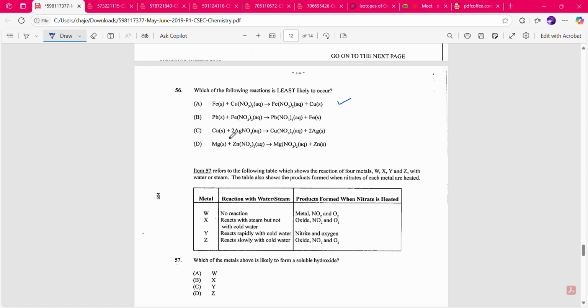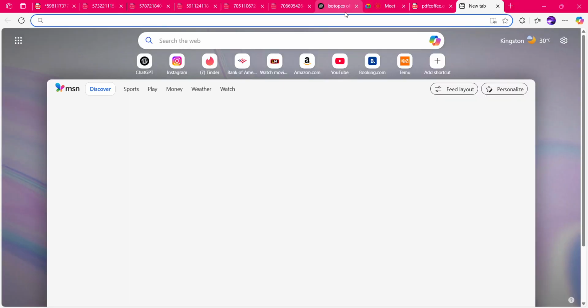Copper can displace silver. Yes, it can, because silver is lower than copper. Magnesium can displace zinc, because magnesium is higher in the electrochemical series than zinc. So I'm going to go with B. And if I were to look up the electrochemical series right now, I'm sure it's still going to be B.